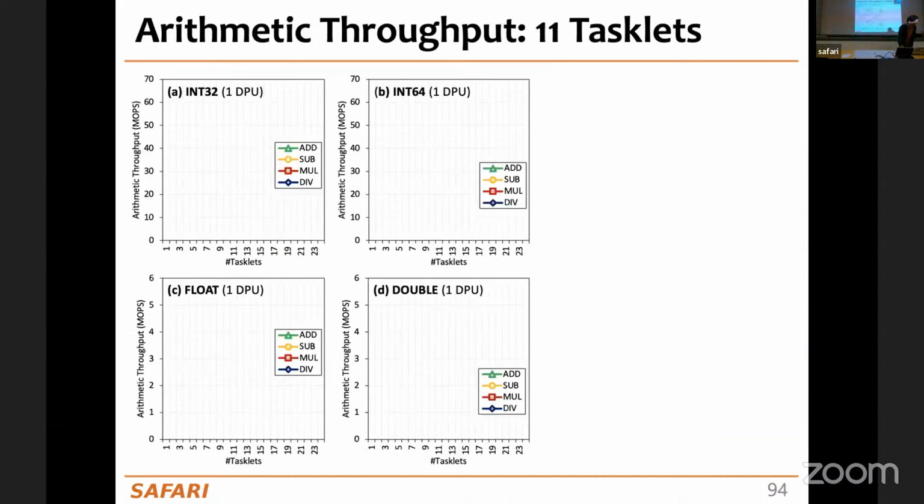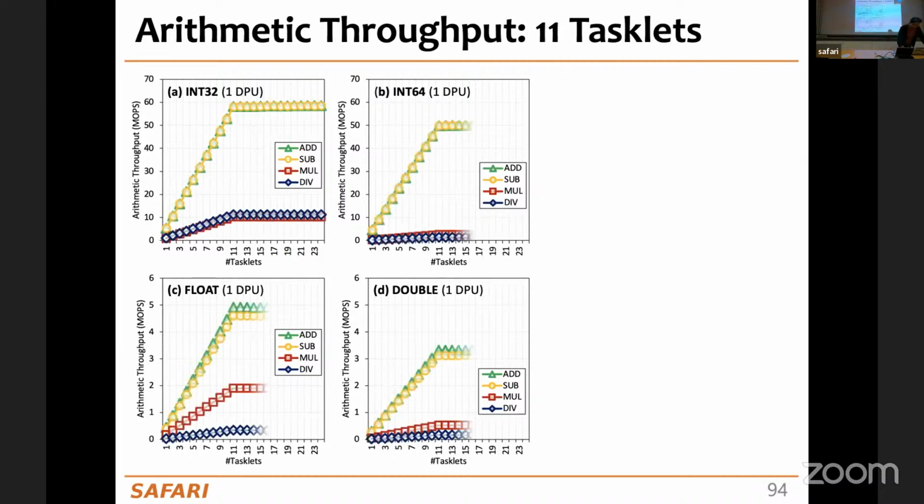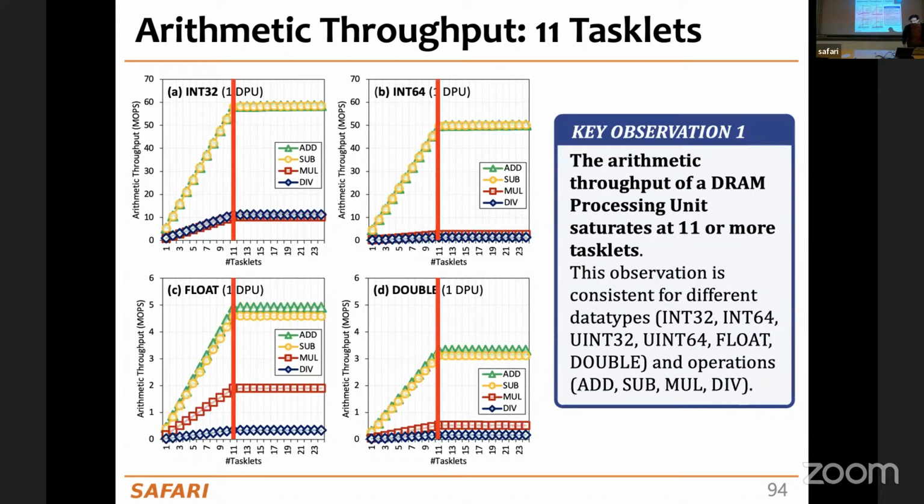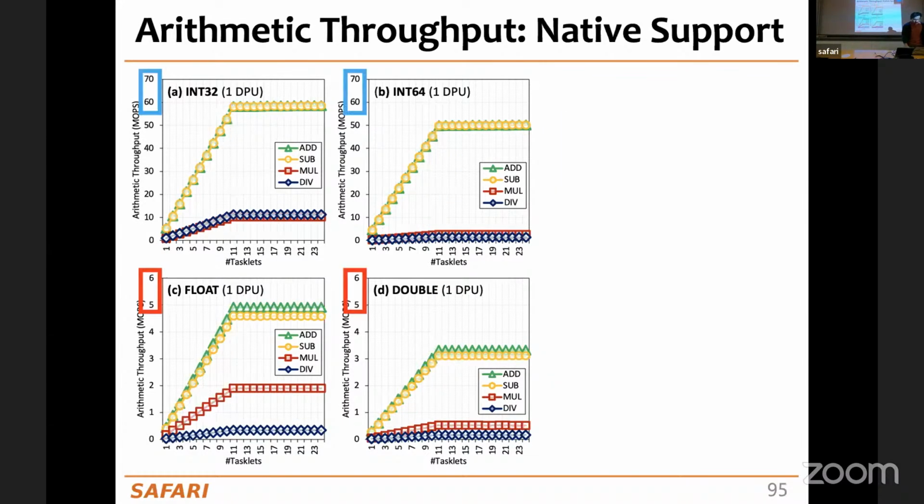We did a lot of analysis and characterization of this architecture, and one thing that we noticed is that you need to use at least 11 threads in order to achieve the peak throughput of this system. That's why you see that the performance or the throughput for all these arithmetic operations saturates at 11 tasklets.